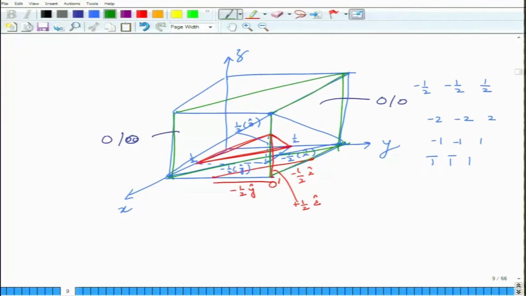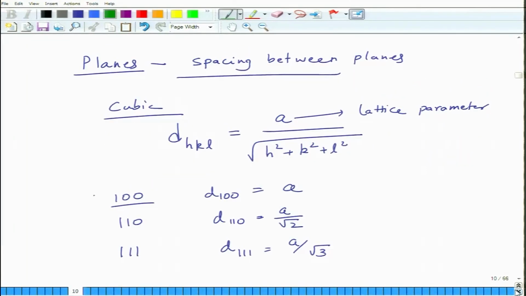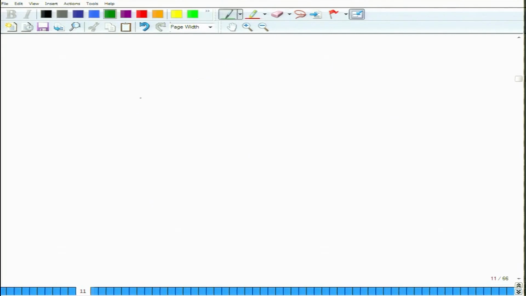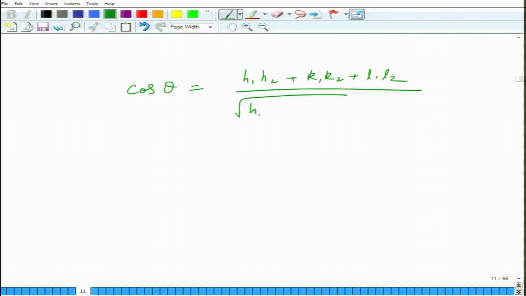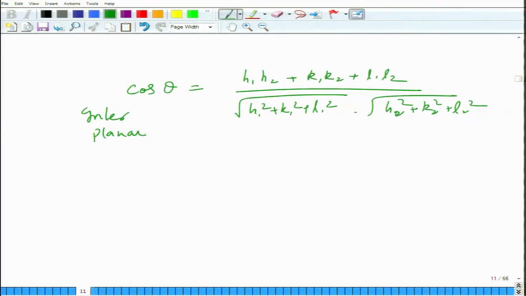If I want to calculate the angle between the two of them, cos theta is equal to h1 h2 plus k1 k2 plus l1 l2 divided by the square root of h1 square plus k1 square plus l1 square, into h2 square plus k2 square plus l2 square. This is called the interplanar angle.